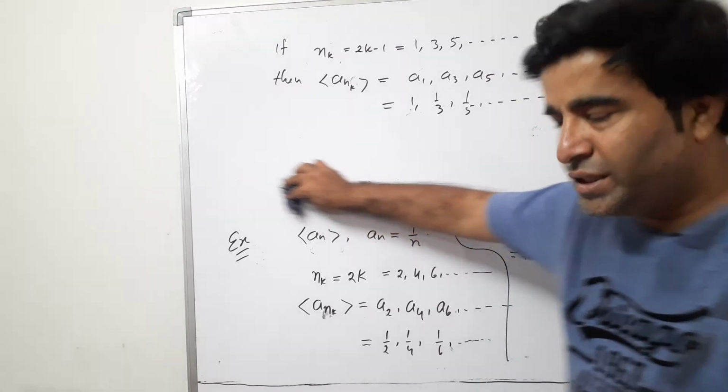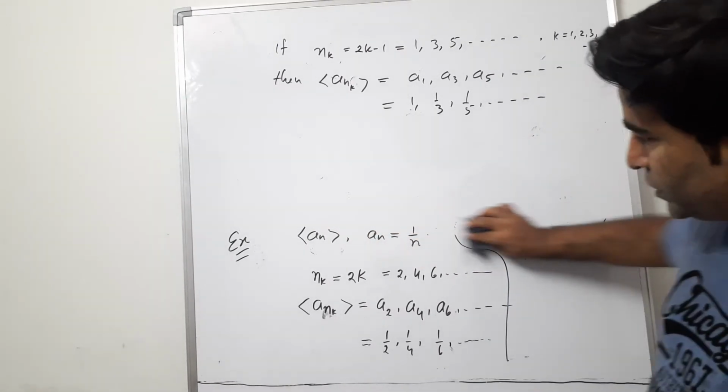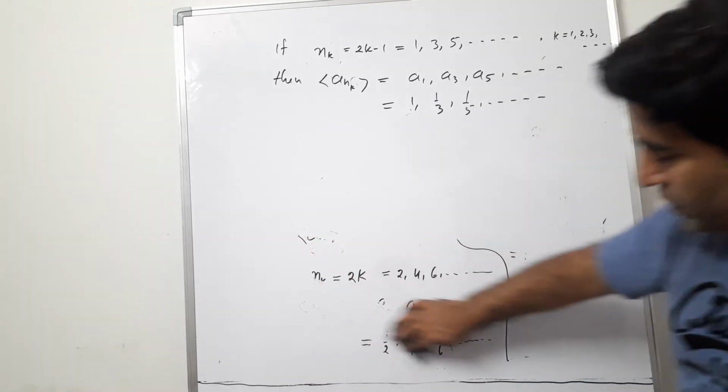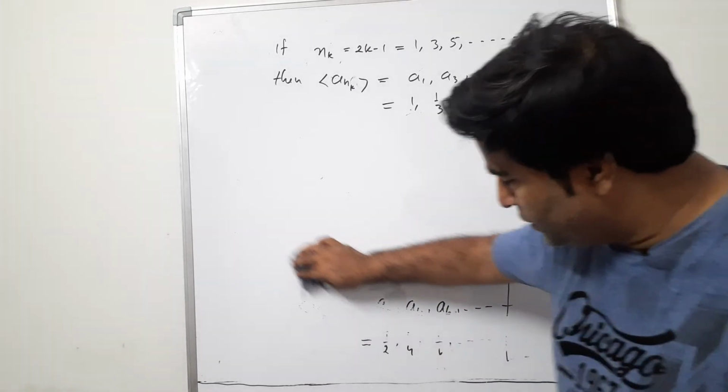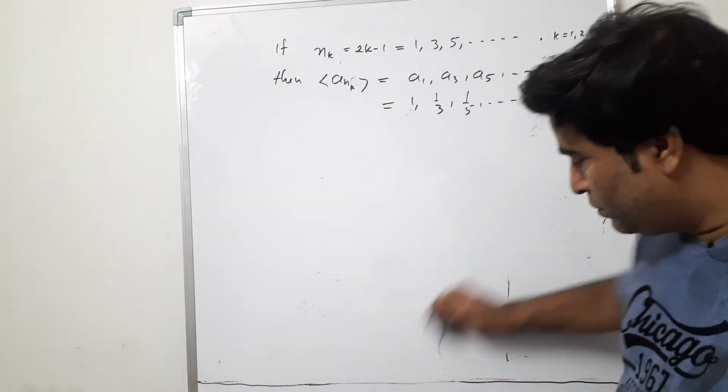If you want to construct a subsequence, you just need to construct a strictly increasing sequence of positive numbers.